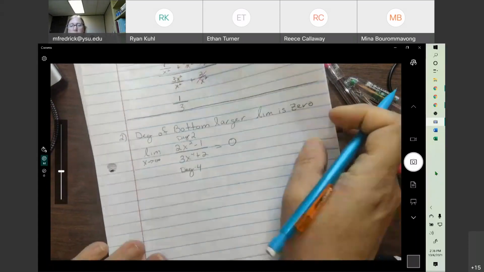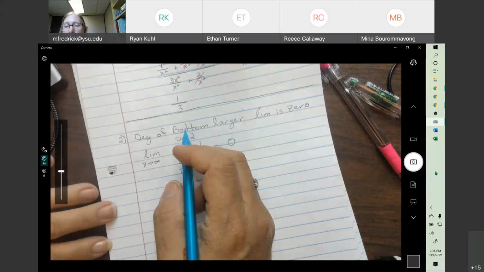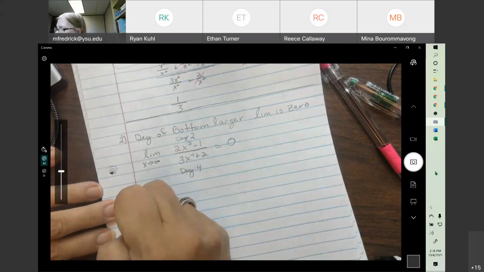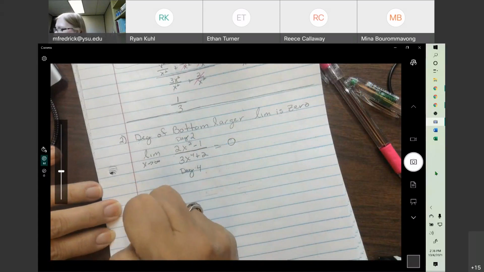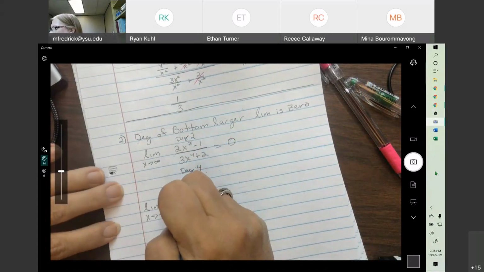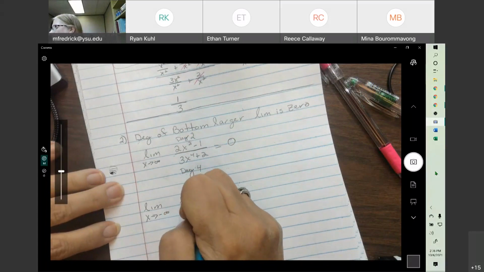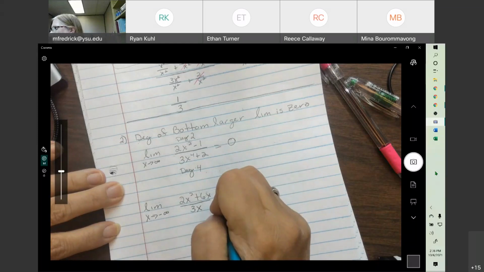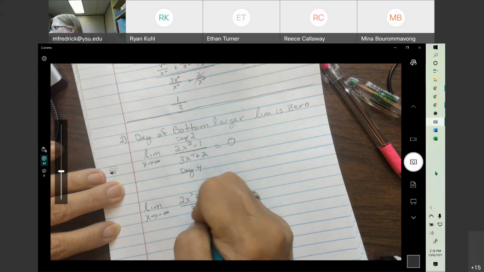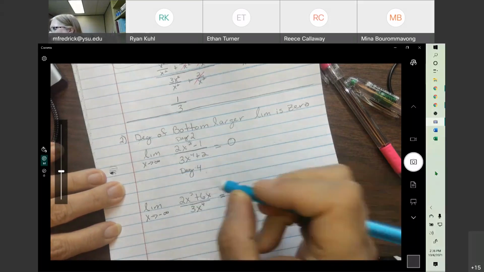We'll do another one. Using the same values.